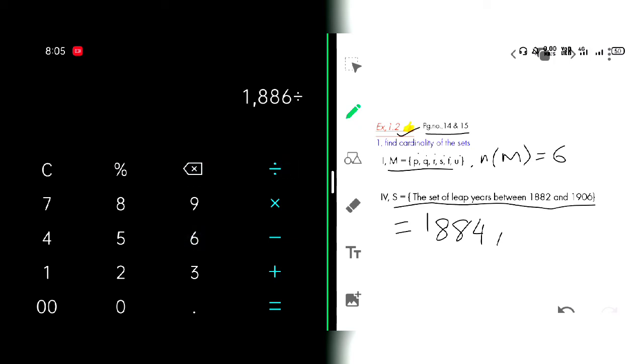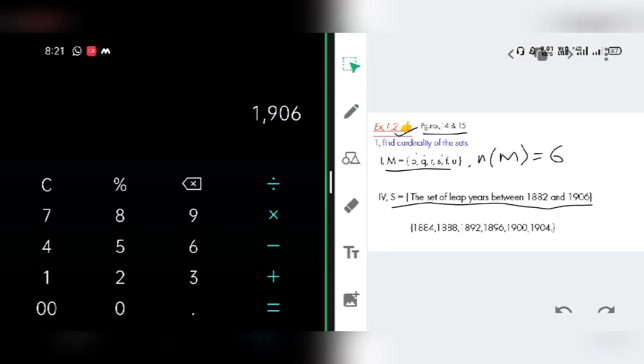Next, 1886 divided by 4 also does not divide exactly, so that is a normal year, not a leap year. Next, 1887 divided by 4 also gives a fraction, so this is also a normal year. 1888 divided by 4 gives 472, which is exact.